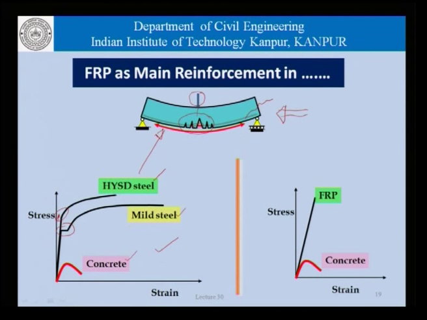Our challenge now is to translate this understanding when we are using FRP as a reinforcing material. This material is characterized by a higher strength as far as the failure stress is concerned, but a lower E. So, it is characterized by high strength, a low E, and brittle failure.